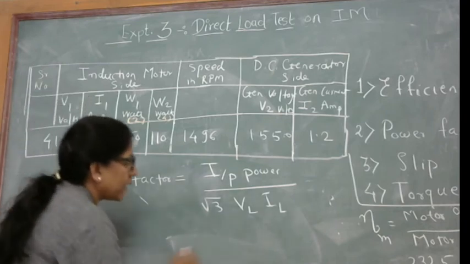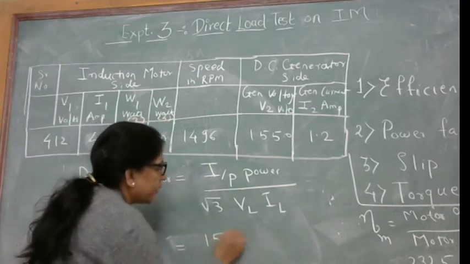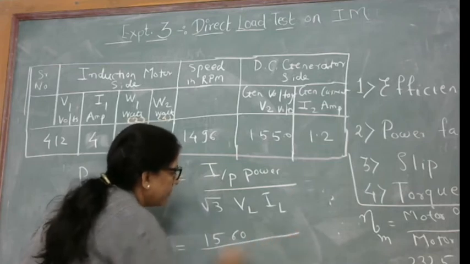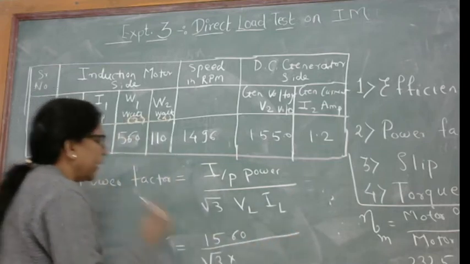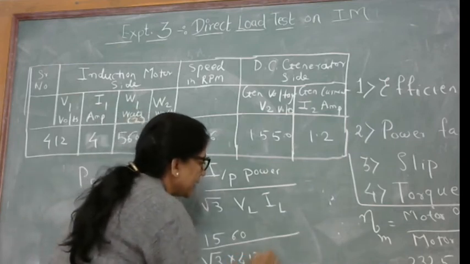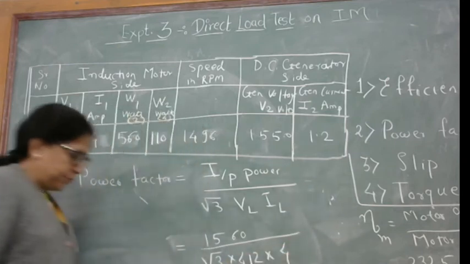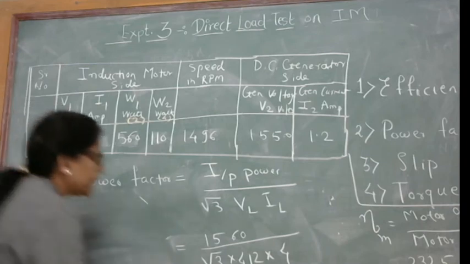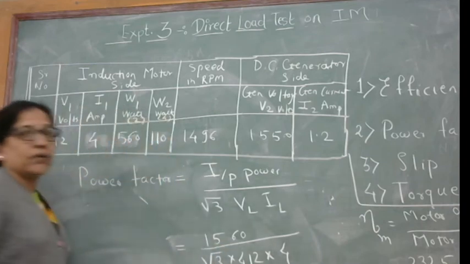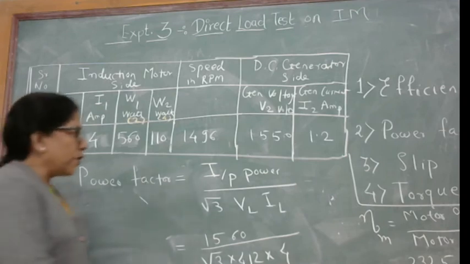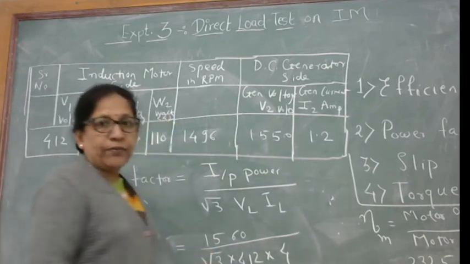Input power we have calculated as 1560, divided by √3 into VL, which is 412, and IL, which is 4. So this power factor comes out to be 0.54. So that is the second calculation, and it is 0.54.